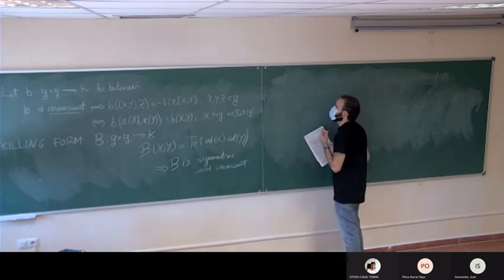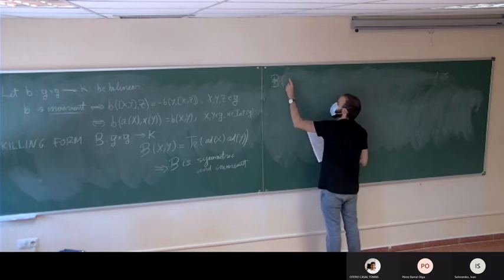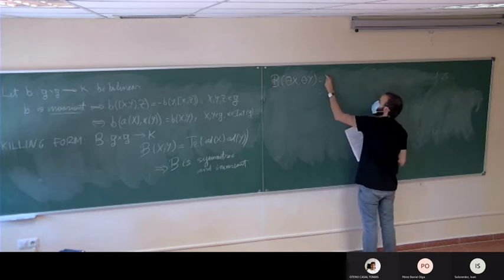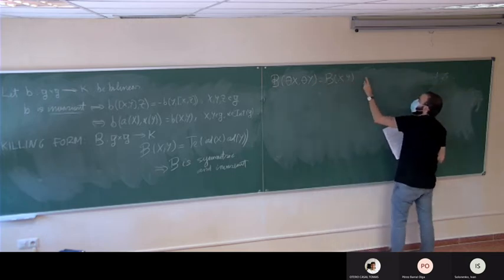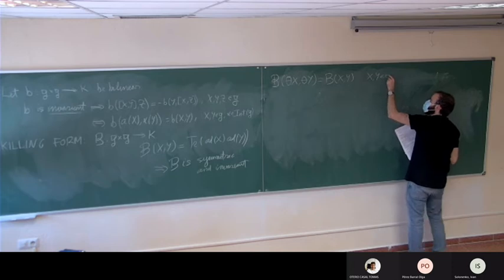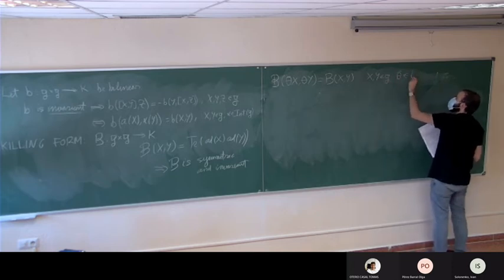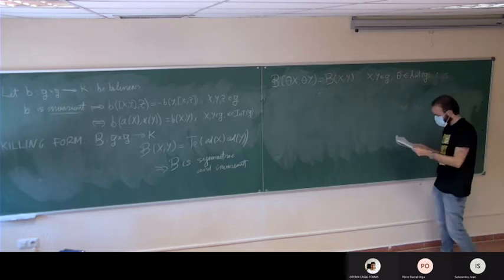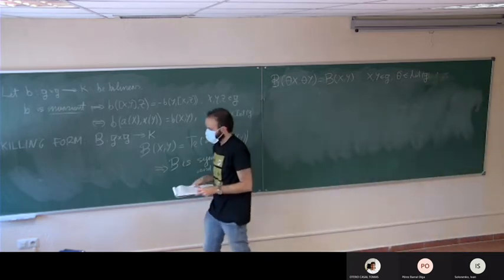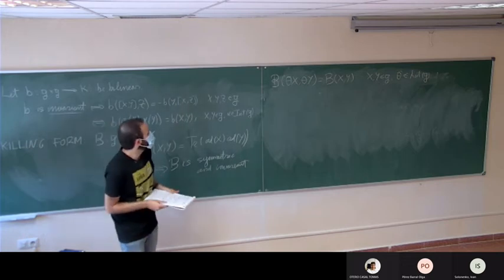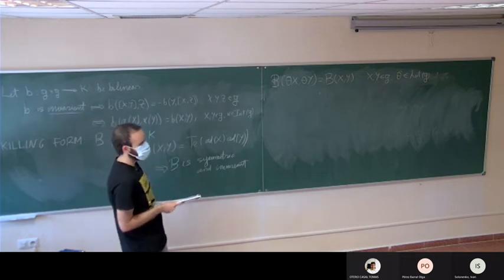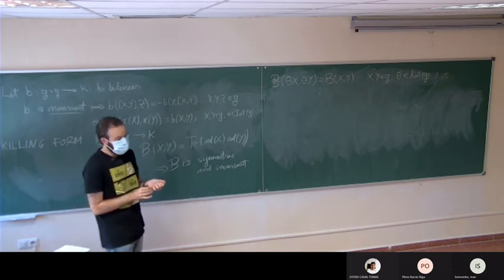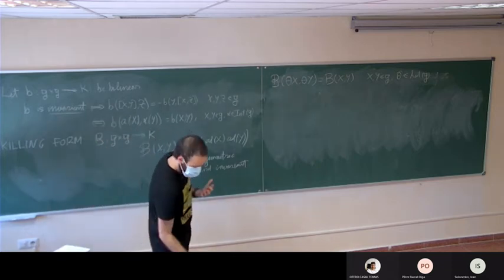Like Alberto just said, we have that B of theta x, theta y is equal to B of x, y when x and y are elements of G, and theta is an automorphism of G. What's really useful about this Killing form is that it characterizes some algebraic properties of the algebras that, in principle, would be hard to identify.